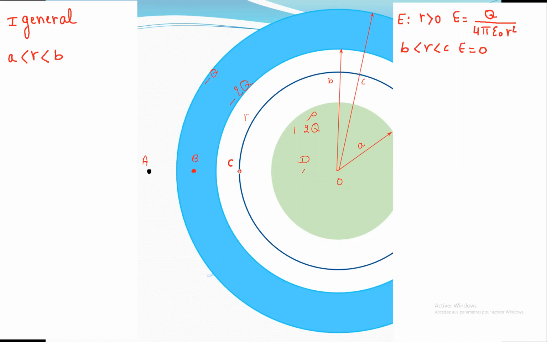Here we have a positive charge and here we have a negative charge. So the field will be from the positive to the negative, so it must be out, this E. And dA is perpendicular to the surface.